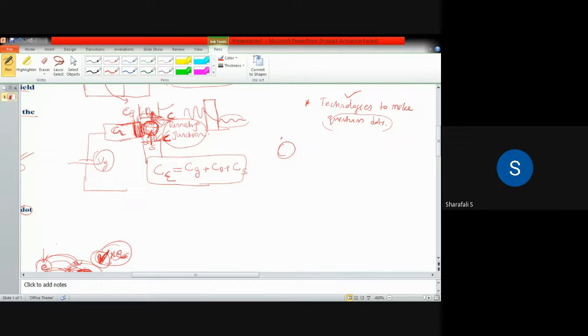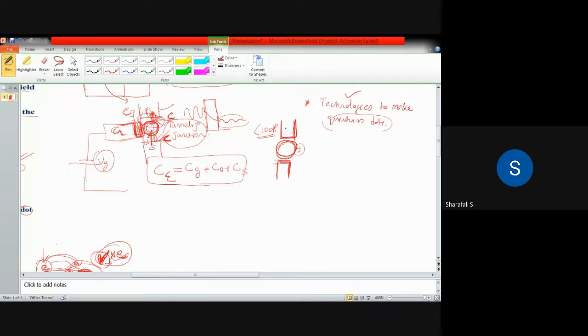We have to connect that with this semiconductor material like this. So this is already in nanometer. This quantum dot is less than 100 angstrom, so this is already in nanoscale, and this side also has to be in nanoscale.